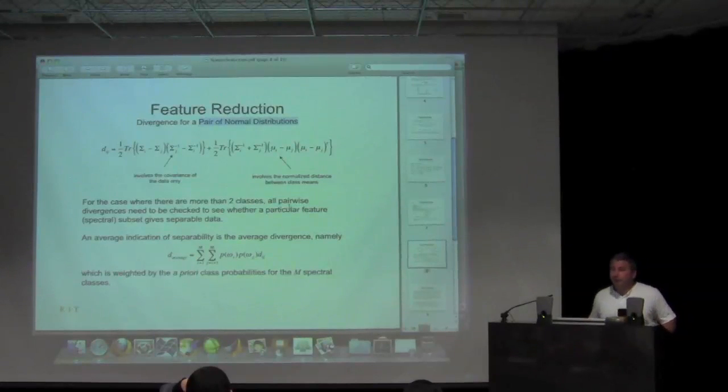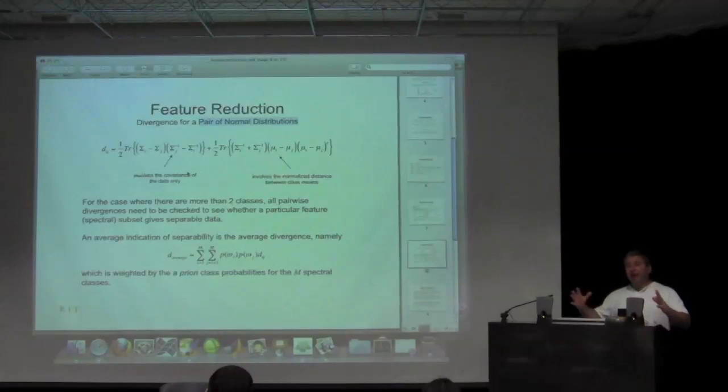Let's say I was looking at 3 classes, like I said before, maple trees, elm trees, and oak trees, and I wanted to separate those 3 classes from one another. I would compute the divergence between maple and oak, between oak and elm, and between maple and elm. So I'd have 3 possible pairwise combinations to look at. And obviously as the number of classes goes up, the number of pairwise combinations goes up also.